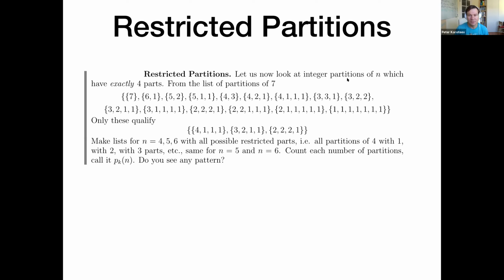So here we look at integer partitions of n with, in this example, exactly 4 parts. This is again our partitions of 7 that we just looked at, and you see that only 3 of them have exactly 4 parts. All the others have either fewer or more. I hope that's clear enough.